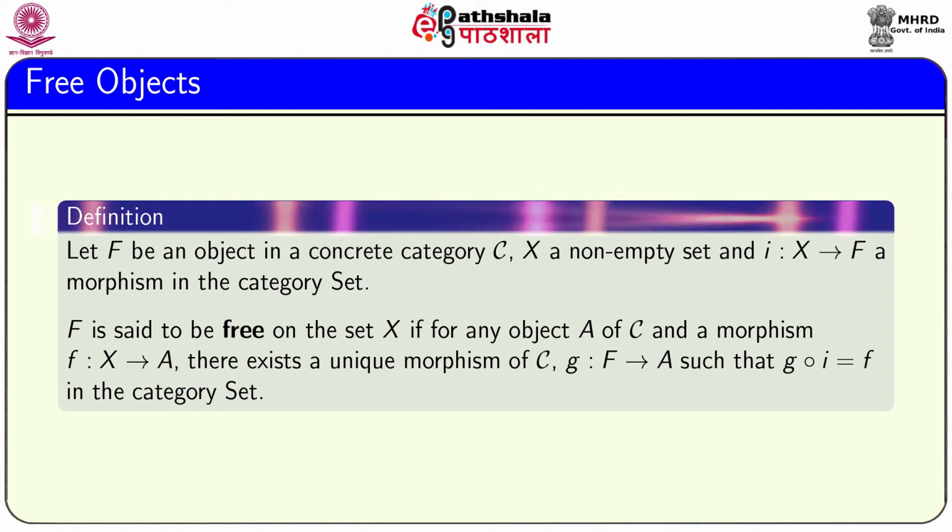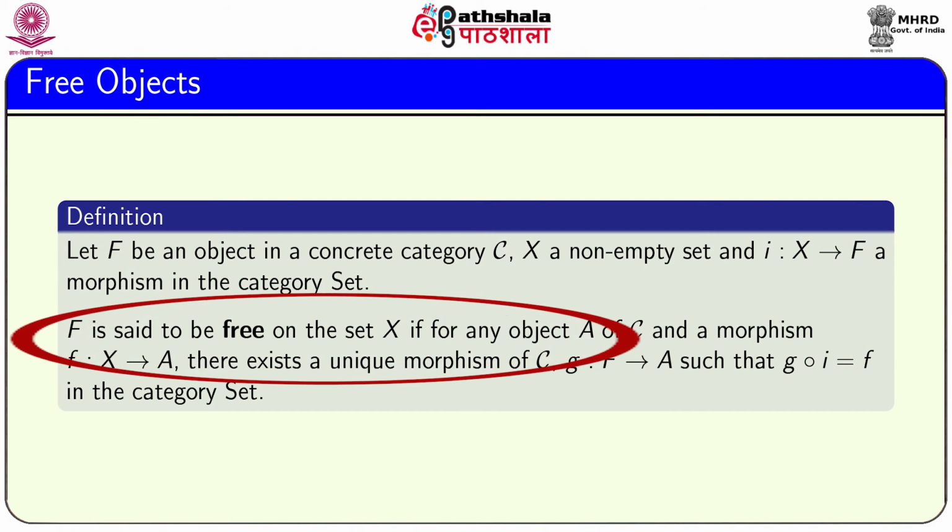Now we talk about a specific type of objects in the concrete categories. Suppose capital F is an object in a concrete category C, X is a non-empty set, and i from X to F a morphism in the category Set.